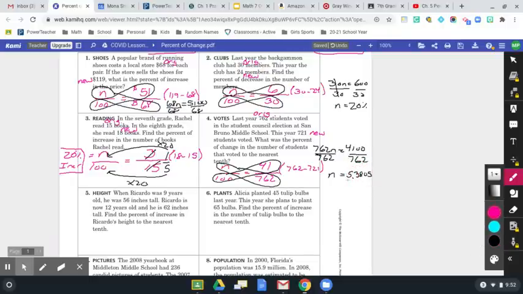Nearest tenth. So here's your tenths in the 3. Your hundredths is in the 8, so you have to look at that 8. That 8 tells you what to do to the tenths spot, which means 5 point, the 8's going to round the 3 up, 4%, and that was a decrease that we talked about. 5.4% decrease.